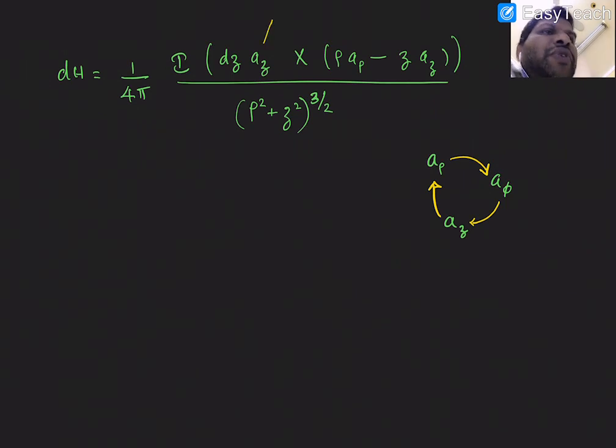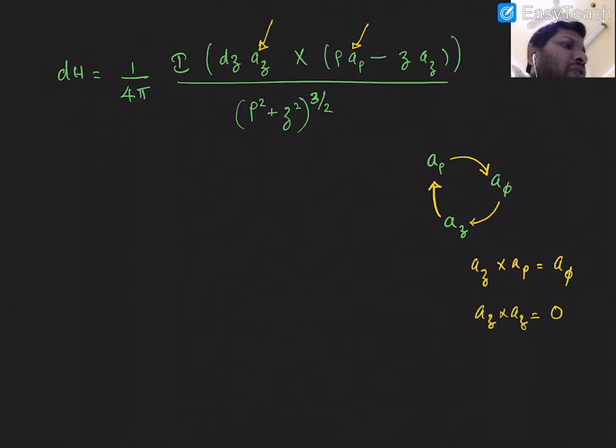The first term, a z cross a rho, becomes a phi. Next is a z cross a z, which equals 0.